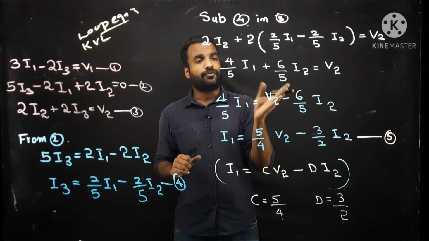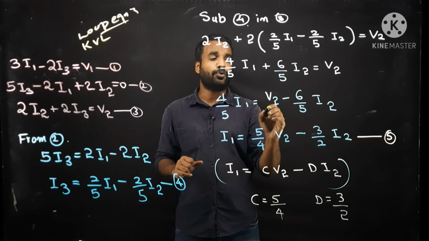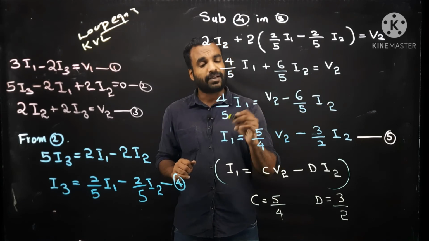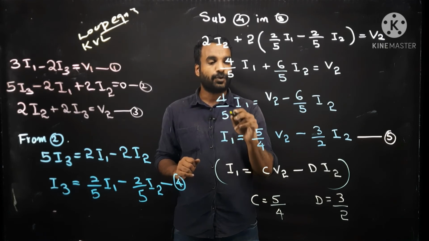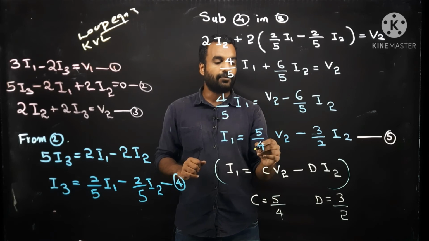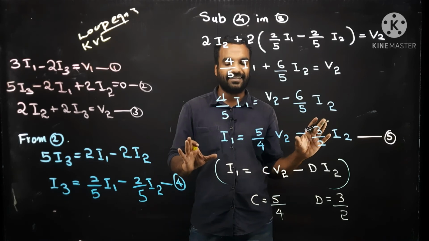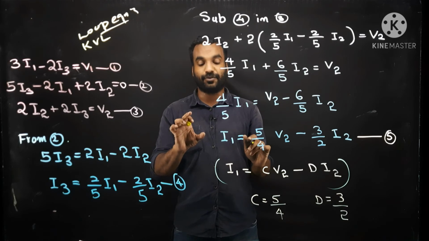So 4 by 5 I1 is taken on the left side, then on the right side you will get V2 minus 6 by 5 I2. What is I1? Then you will get I1 is equal to, you have to cross multiply, 5 by 4 to the other side. Then it will be 5 by 4 V2 minus 3 by 2 I2. Now please check. This is one of the standard formats of our ABCD parameter equation.